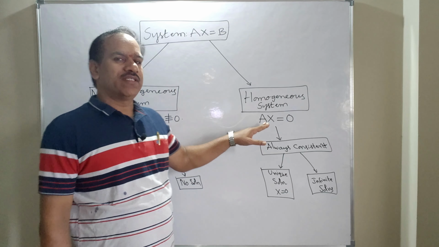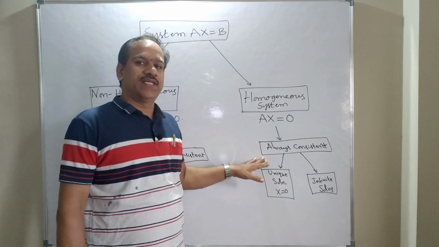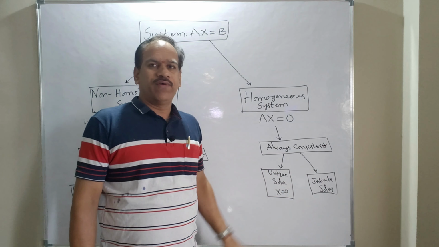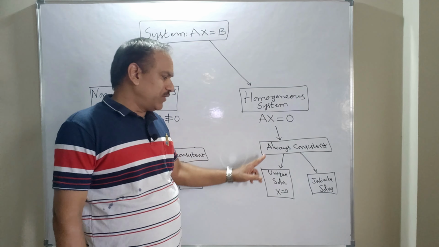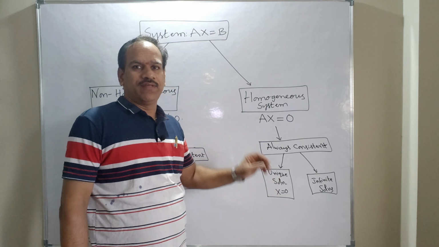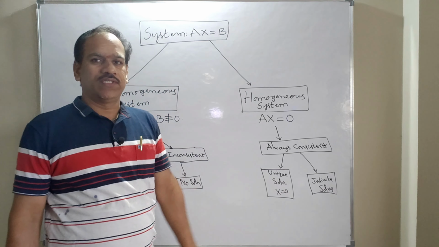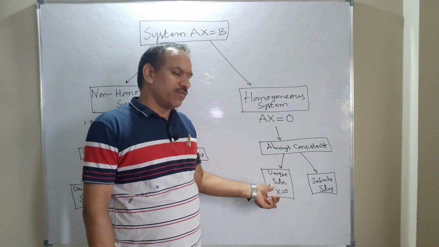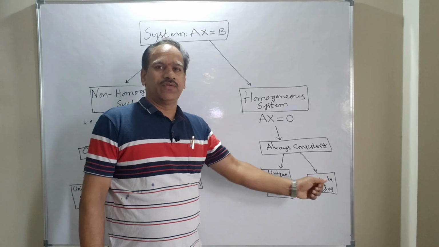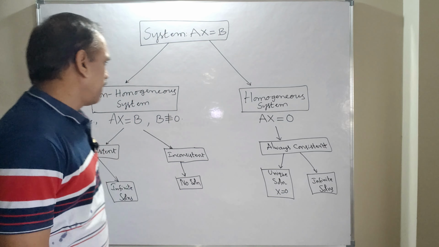And the homogeneous system of equations is always consistent. Because it is consistent, it may have unique solution or infinite solutions. And if it is a unique solution, then it must be x equal to 0, that means all x1, x2, xn equal to 0. That means the zero solution is the only solution, right? If it is infinite solutions, we need to find it manually.